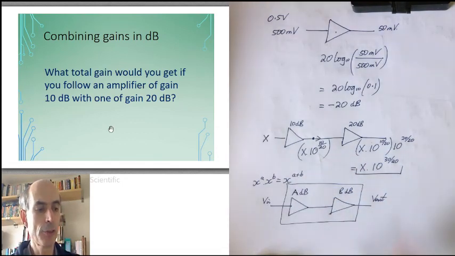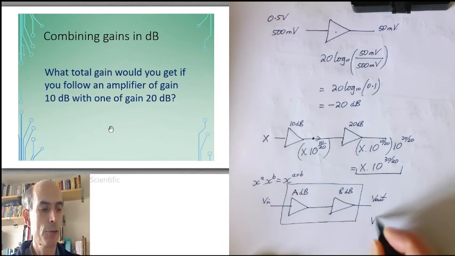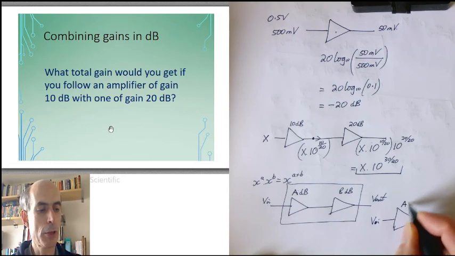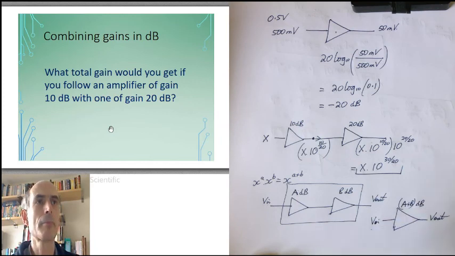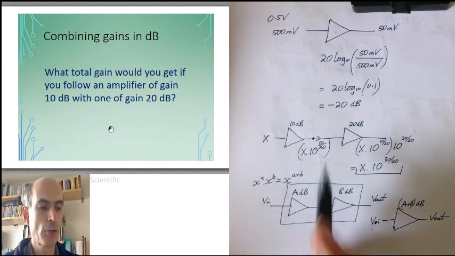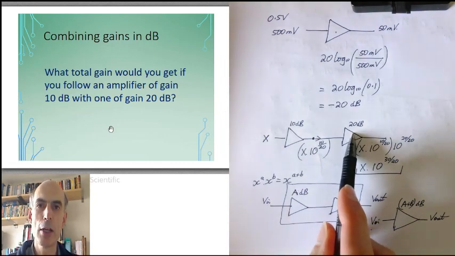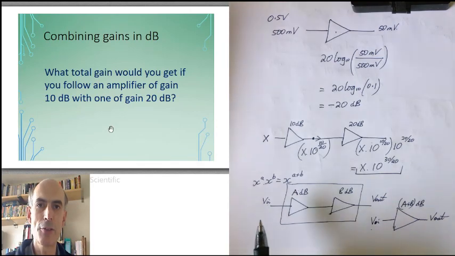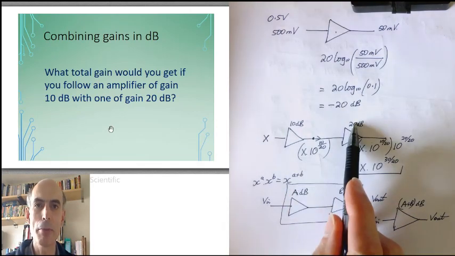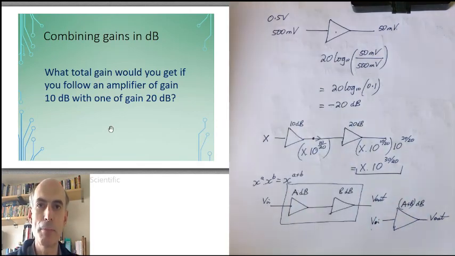They would work exactly the same as an amplifier which had a gain of A plus B dBs. That is one of the main reasons why people like to use decibels. If you're combining amplifiers like this, you don't have to multiply the gains together, you can just add up the gains in dBs. And adding is much easier to do than multiplying.